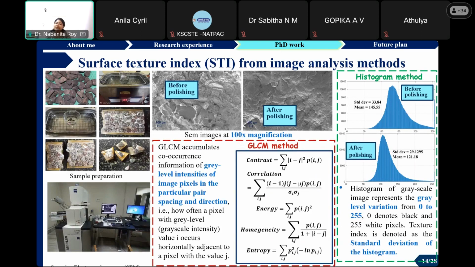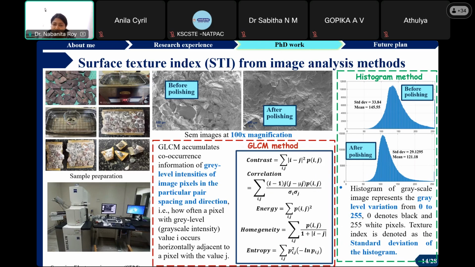After cleaning thoroughly, we checked the initial microtexture before polishing, and then, in the same way as I presented in the previous slide, I polished the samples, and then I checked them again under the SEM, scanning electron microscope.